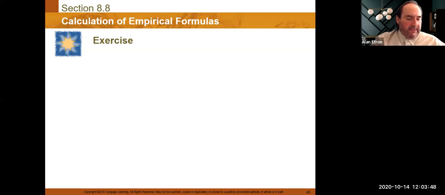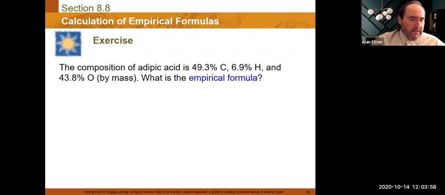So we were finishing in lecture talking about how to actually calculate the empirical formula. Again, just a reminder that to calculate the empirical formula, you basically need to convert things into grams. Very commonly they are given to you as percent composition by mass.